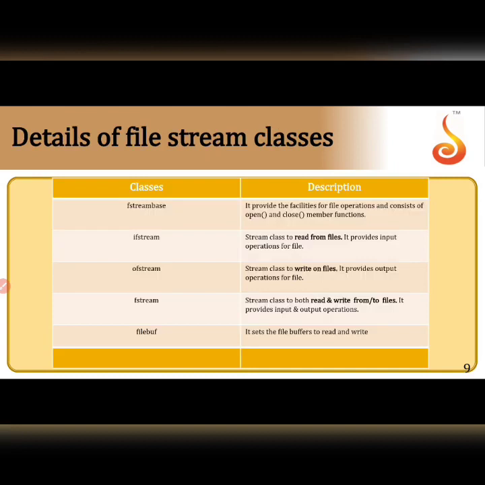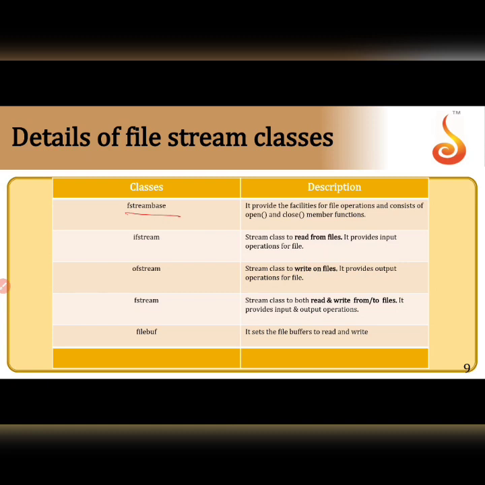Next, it will give me the details, like this table shows you the details of the file stream classes. Starting with the fstream base class, what does it do? It provides the facilities for file operations.